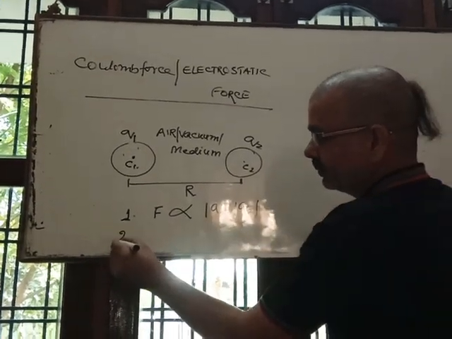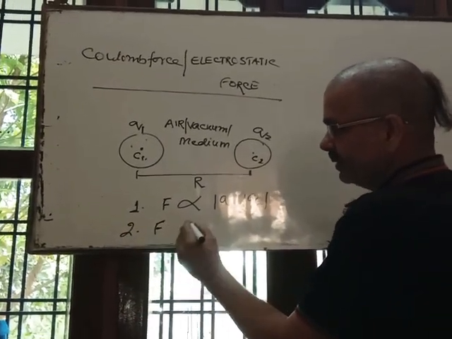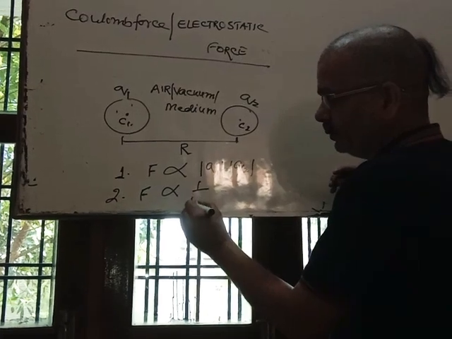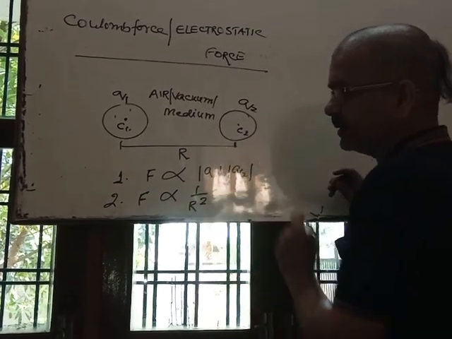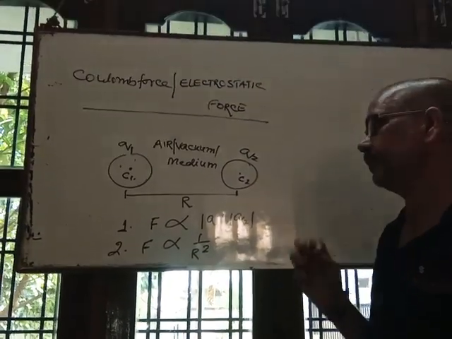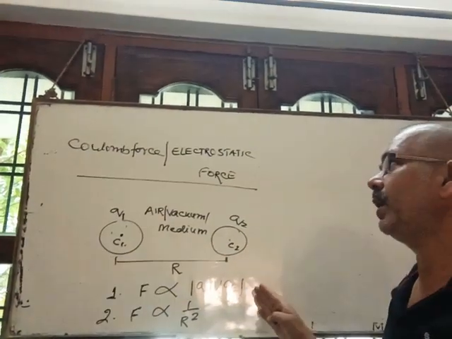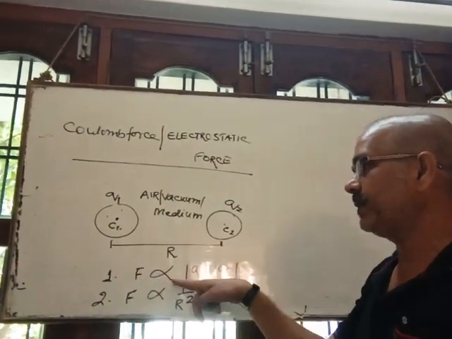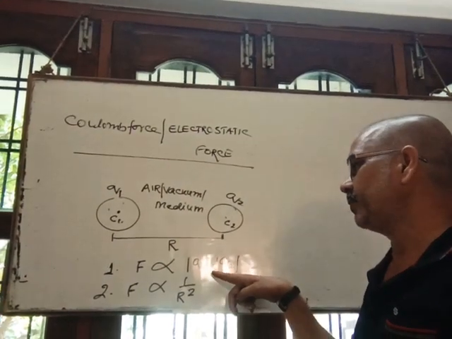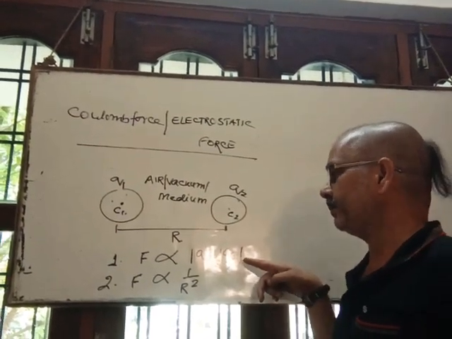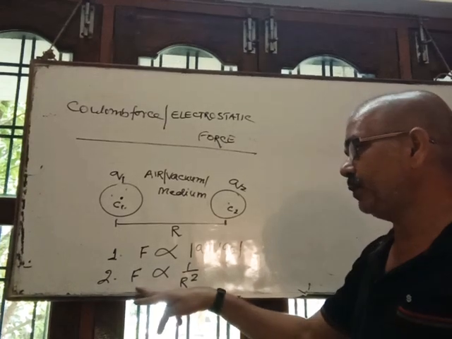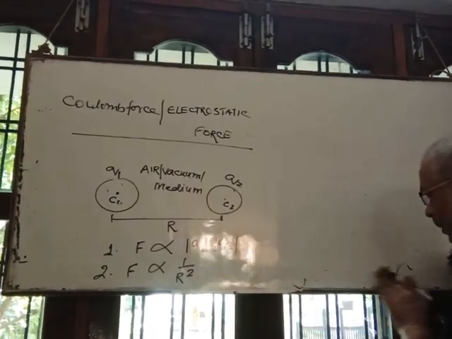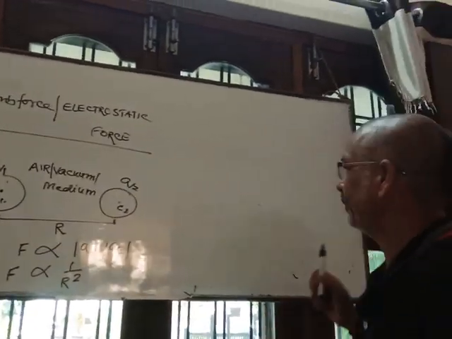Number 2, it is inversely proportional to the square of the distance between the two charges. These are the two laws of Coulomb.